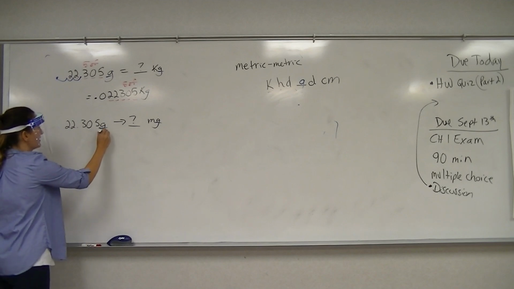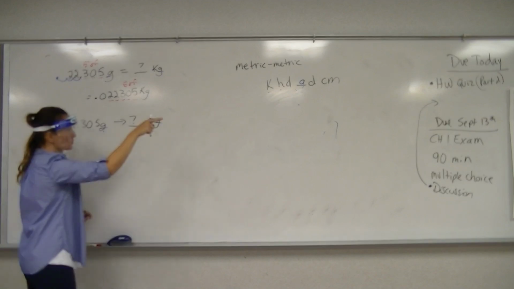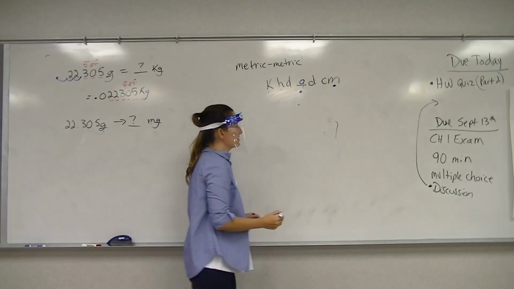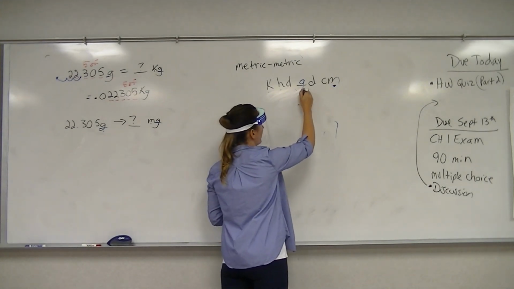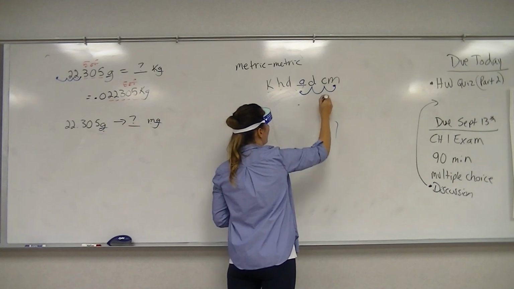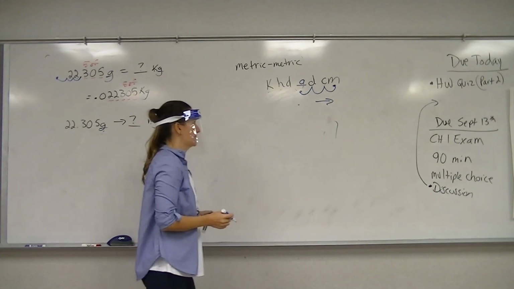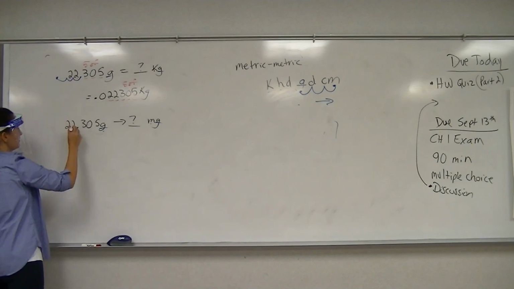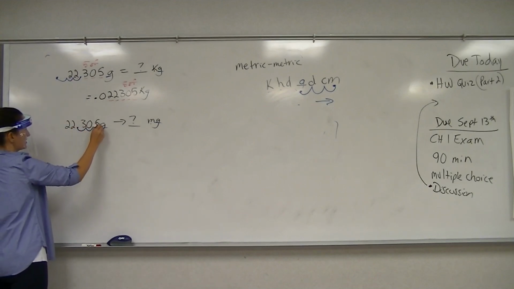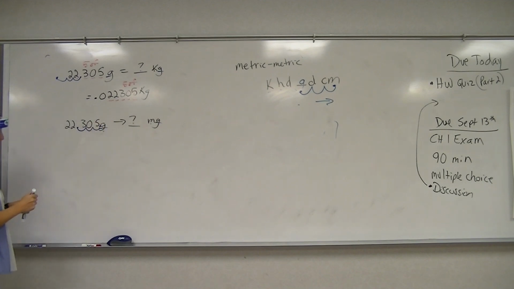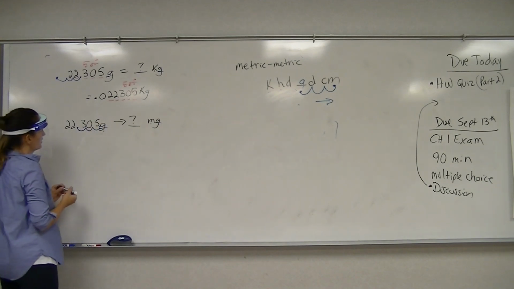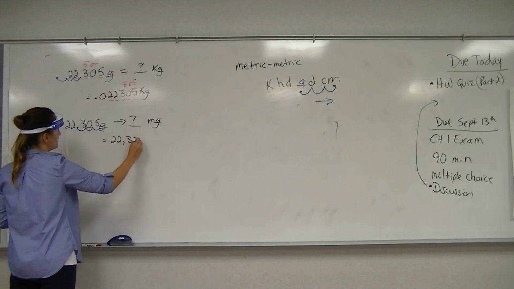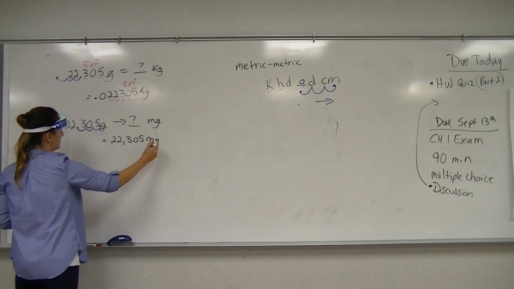We're starting at the G and going to the M. So we're going the other direction this time. So this time we're moving the decimal point 1, 2, 3 times, but to the right. So I start at the decimal just like I did up here, but I'm going 3 times to the right this time. So my decimal is going to end after the 5 there. So this is going to become 22,305 milligrams.